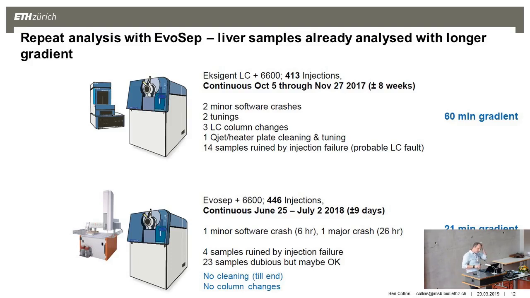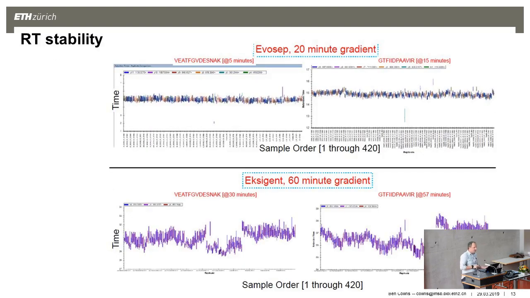Okay, so let's look at a little bit of the data from these mice. The first thing is retention time stability, and we always spike in these iRT peptides for retention time alignment. It's easy to take these iRT peptides and ask, are they stable in retention time space across time? This is two of these iRT peptides on the Evosep.